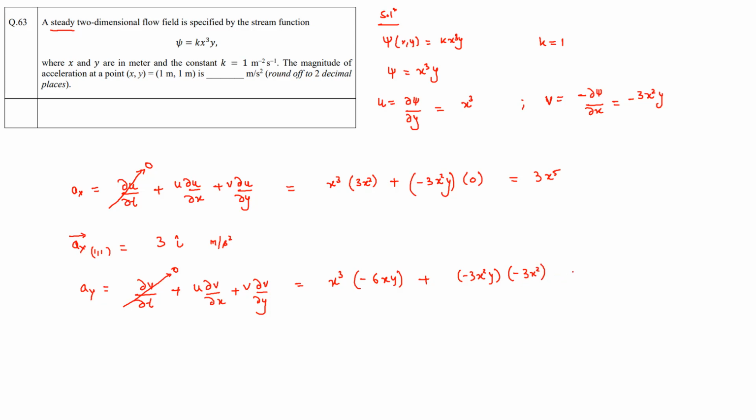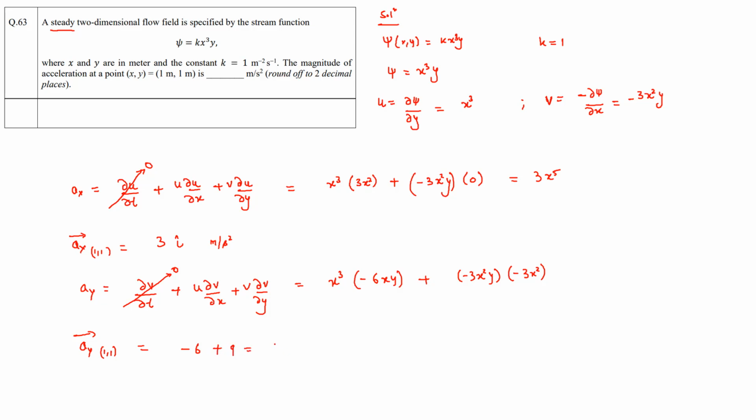So again we can substitute (1, 1) for both the x and y coordinates. So this will be equal to minus 6 plus 9.